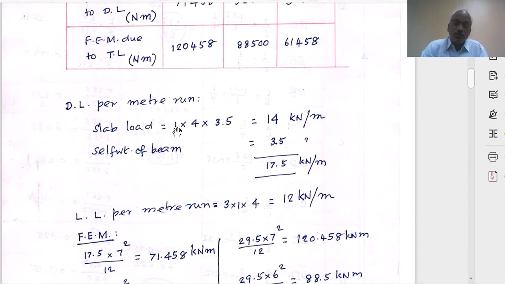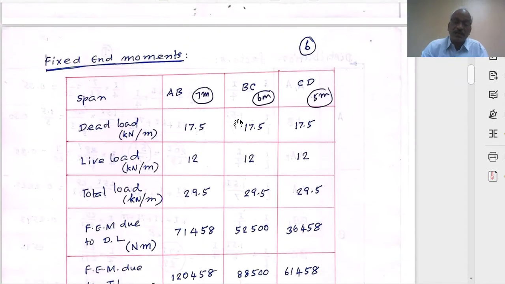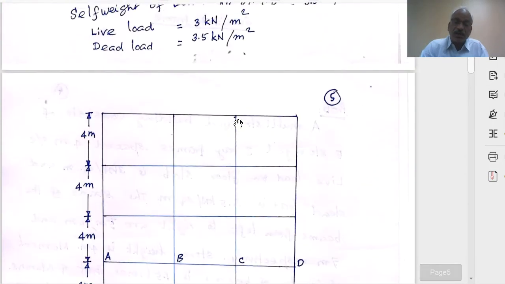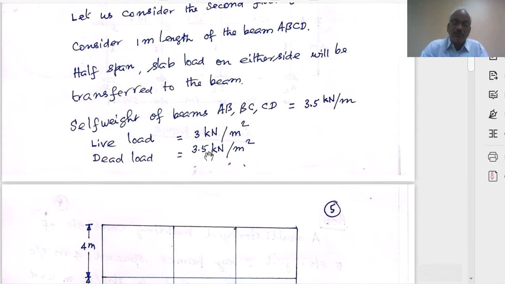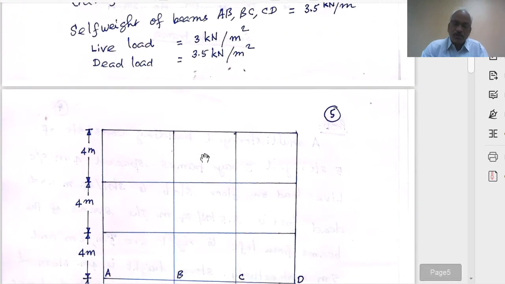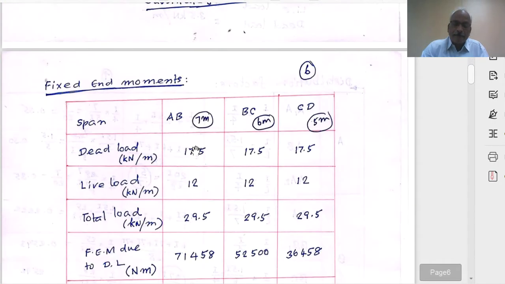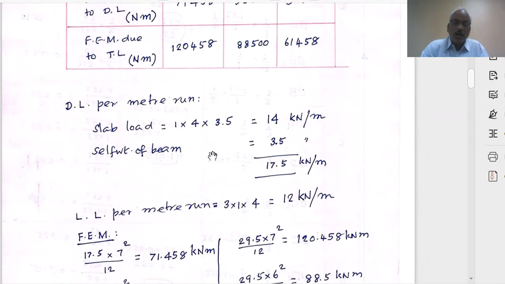So 1 into 4, 2 plus 2, that is the area. The load given is 3.5 kilonewton per square meter into the area, 1 into 4. That is about the loading.